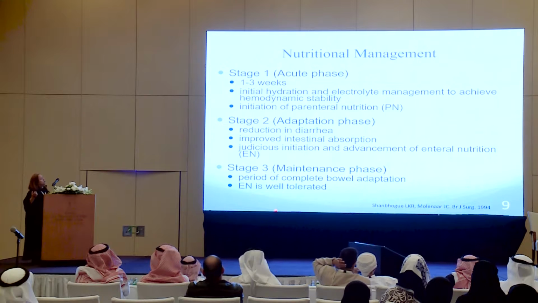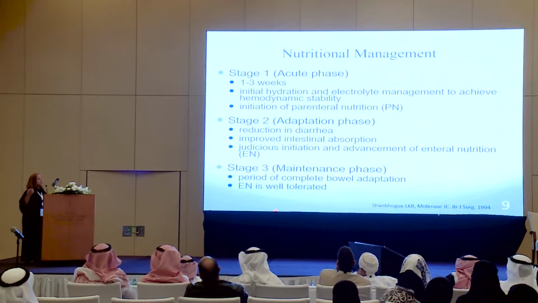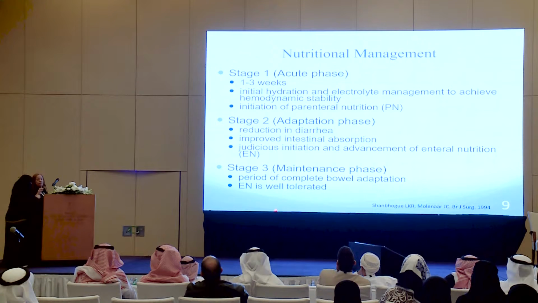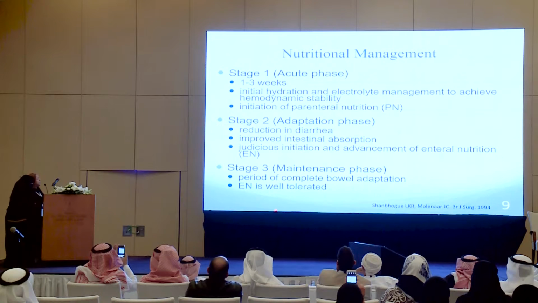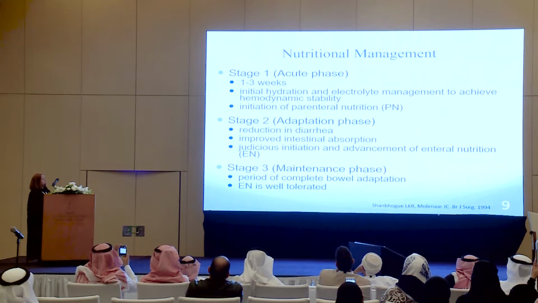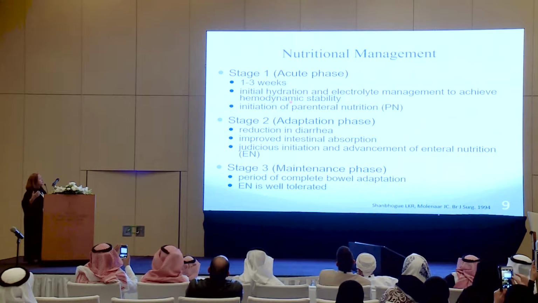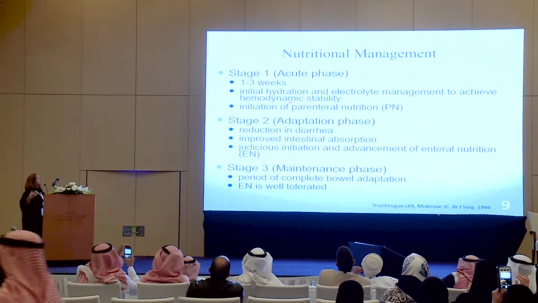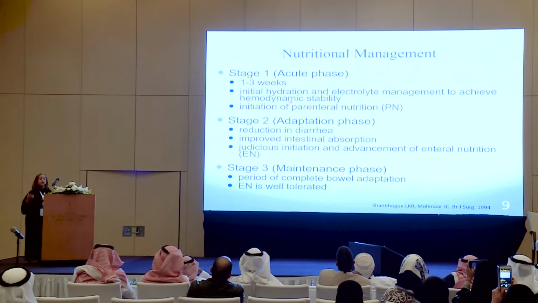When I talk about nutritional management of this patient, I usually want to get organized in 3 phases. Phase 1 is the acute phase, where patients are very sick in the ICU, undergoing resuscitation. Phase 2 is when the diarrhea reduction starts and you can start feeding the patient.